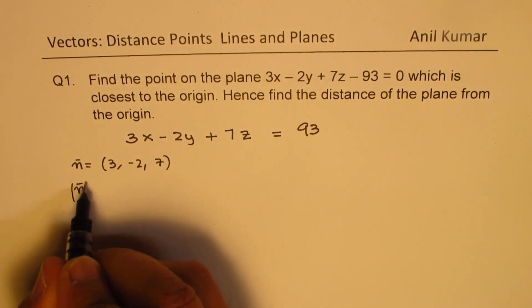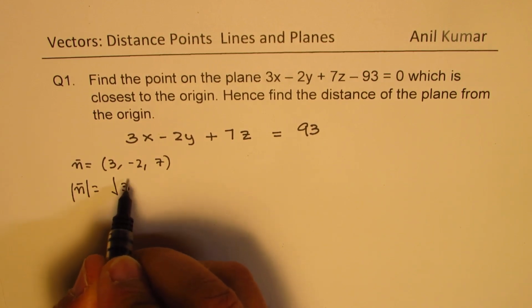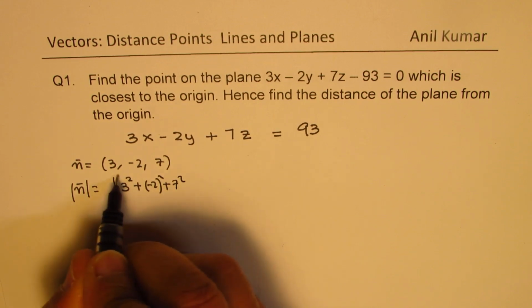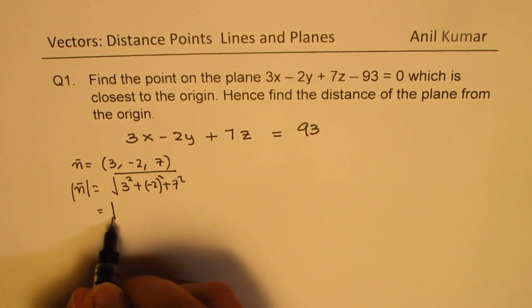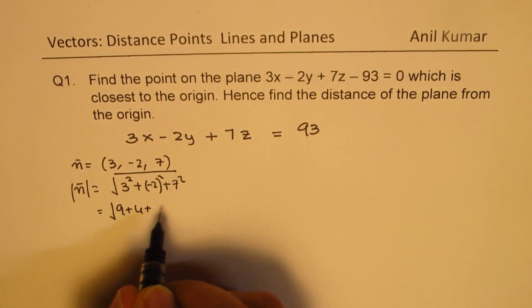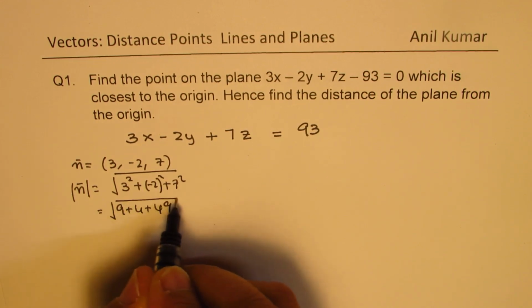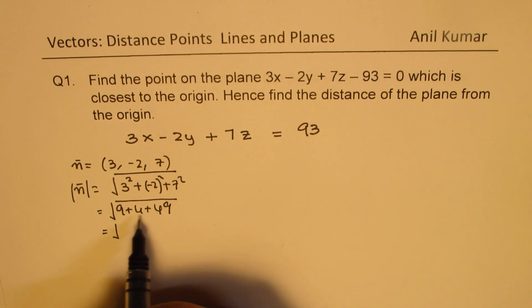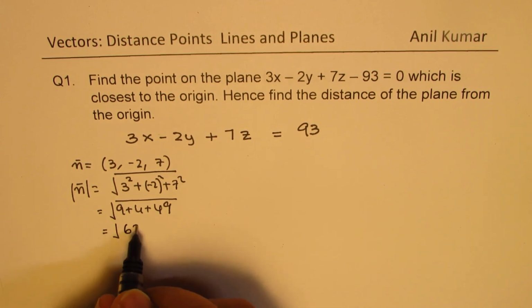So the magnitude of this normal vector is the square root of 3 squared plus minus 2 squared plus 7 squared, which is equal to the square root of 9 plus 4 plus 49. So that is the square root of 62.